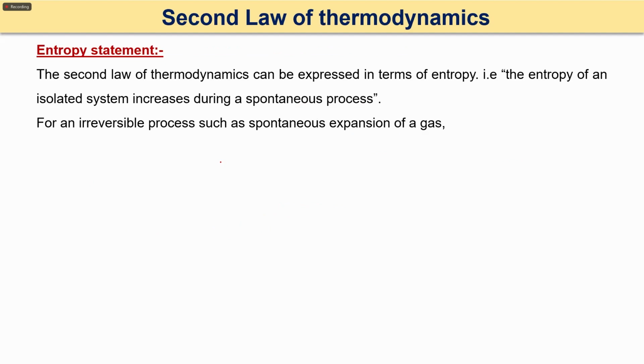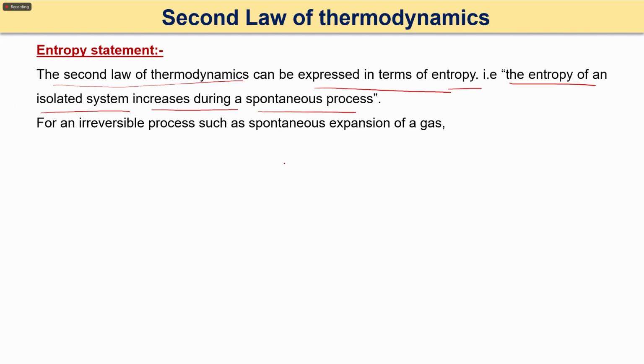What is a statement for the entropy? The second law of thermodynamics can be expressed in terms of entropy. The entropy of an isolated system increases during a spontaneous process.